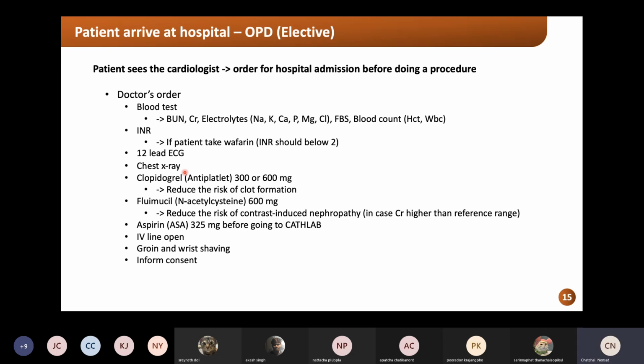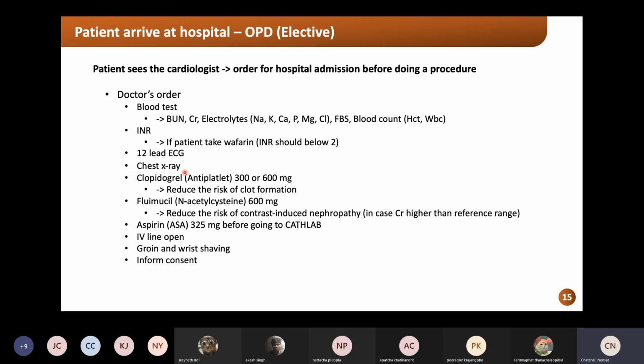And INR is one important parameter to assess the clotting of the patient in case the patient takes warfarin.